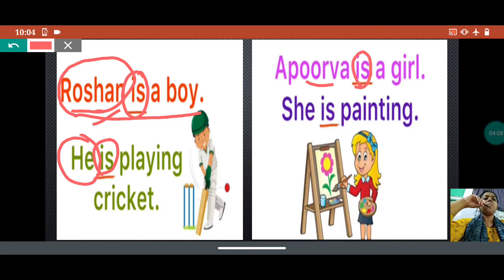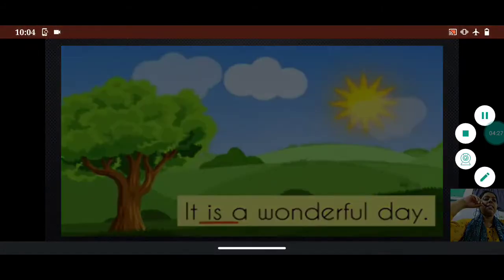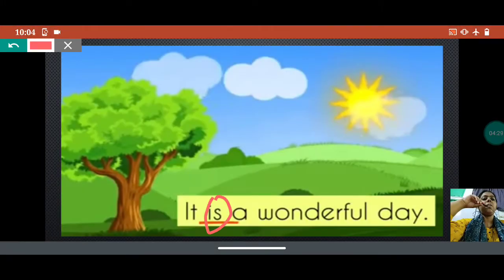Why? Because Apurva is a singular female person. She is painting. Now she is the pronoun for Apurva. She is used for a female singular noun. Now the next example is, it is a wonderful day. We are talking about only one day.